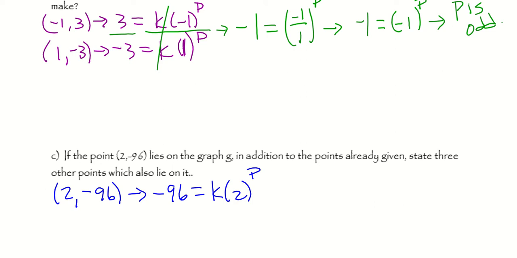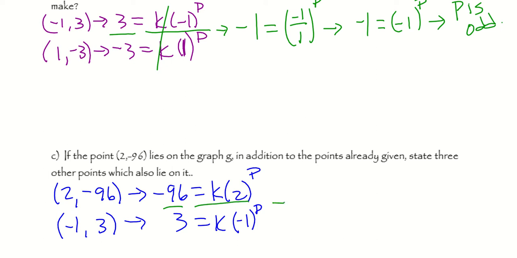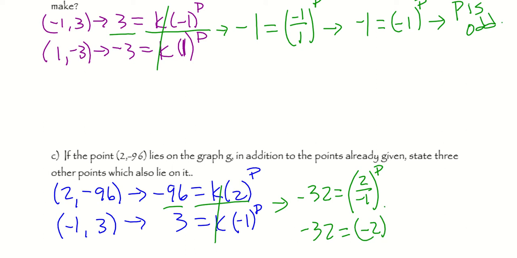And if we take that along with one of our other points, let's take the point negative 1, 3, now we get 3 equals k times negative 1 to the p. And if we divide these, that gives us negative 96 divided by 3, which is negative 32. The k's divide out, undistribute that exponent, and we get 2 over negative 1 to the p, which is negative 32 equals negative 2 to the p.